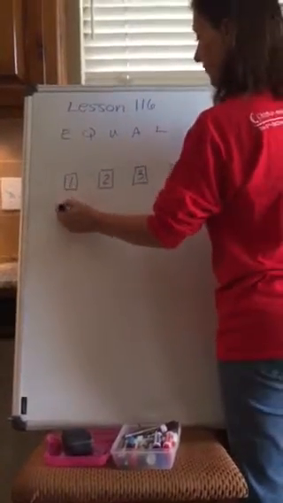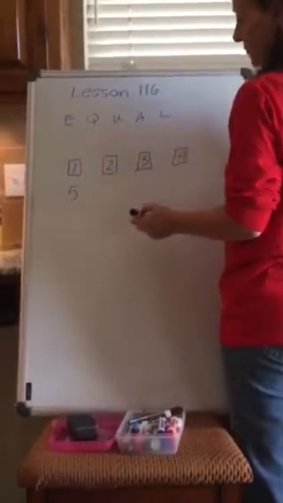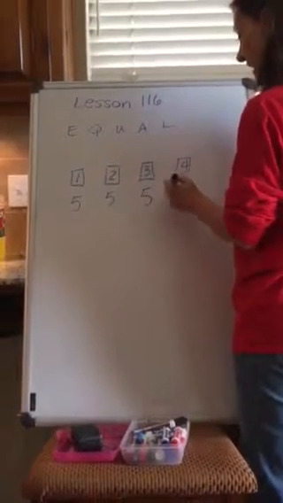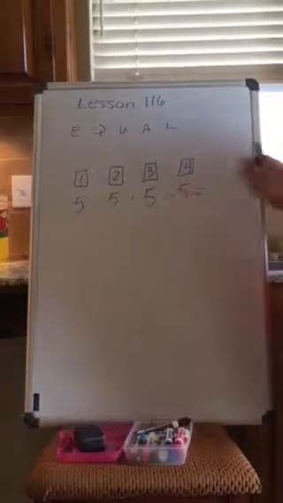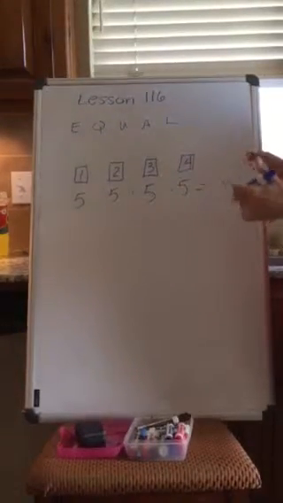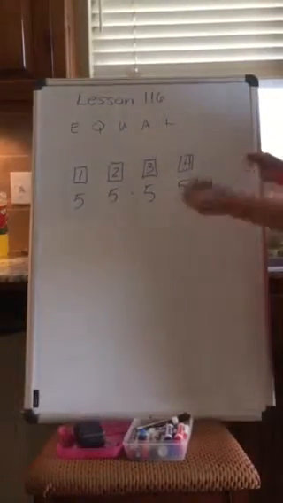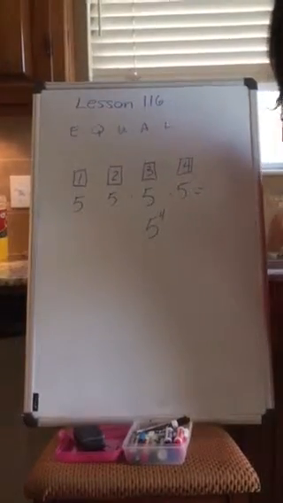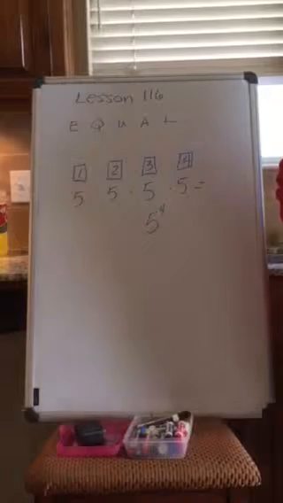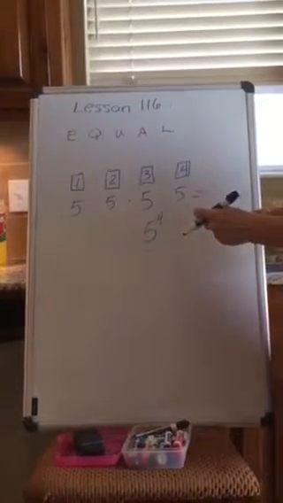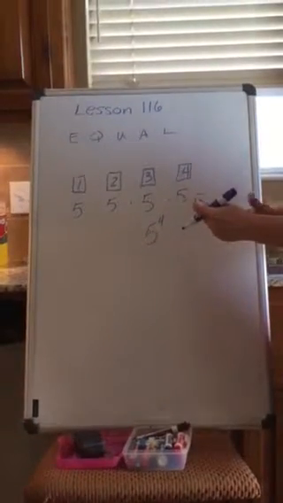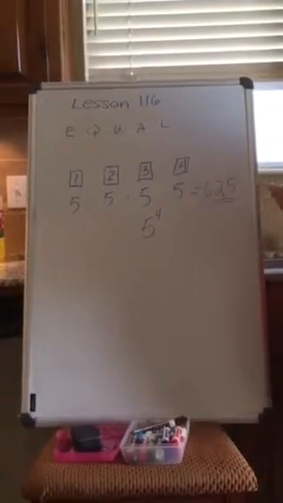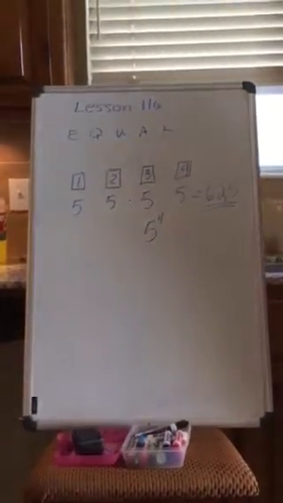The first choice, I have 5 to choose from. The second, I have 5 to choose from. Then I have 5 again and 5 again. I can multiply 5 times 5 times 5 times 5, or I could say 5 to the 4th power, can't I? So 5 to the 4th power is 625. And that's my number of permutations.